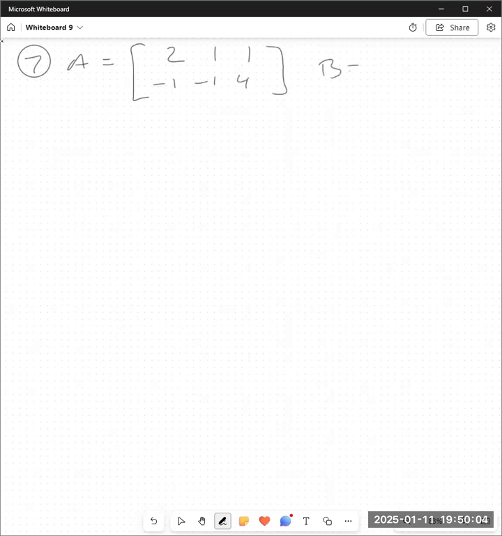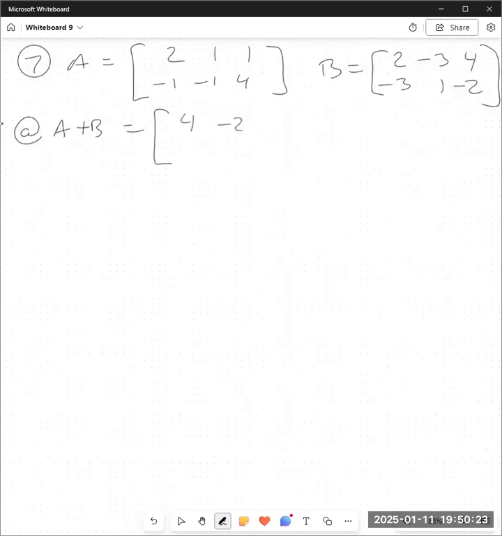And B is equal to [2, -3, 4; -3, 1, -2]. So let's add them together. [4, -2, 5; -4, 0, 2].